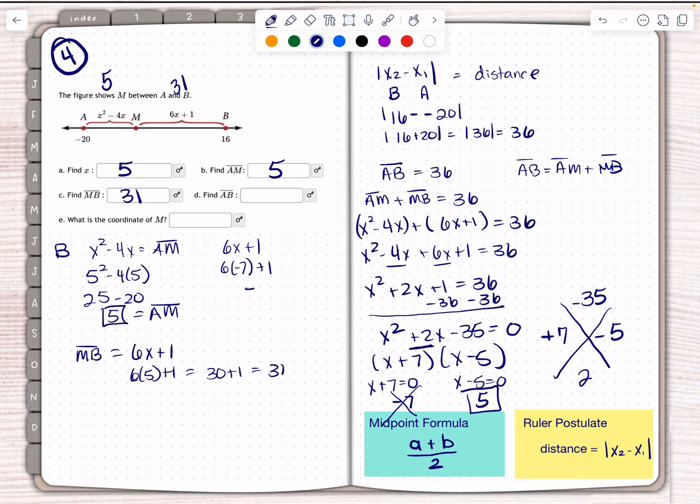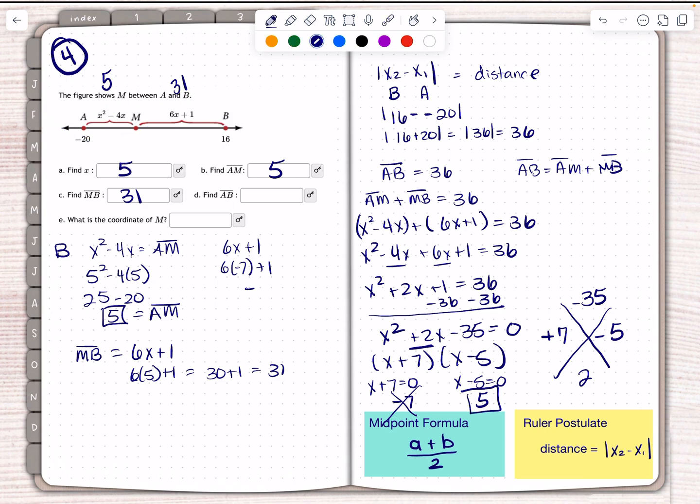Now find the total distance of AB. Now what we could do, we could come back over here on the right-hand side, and at 36, we could say that it's 36, or we could also take the measurement of AM and add it to MB.